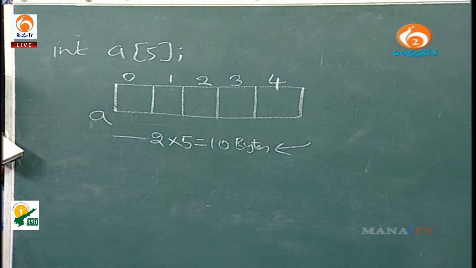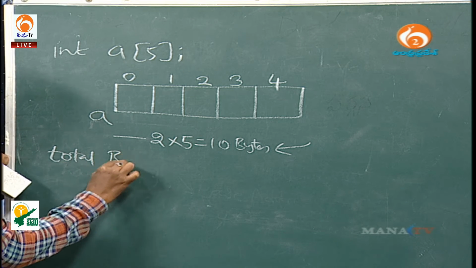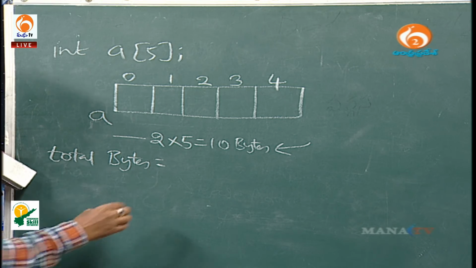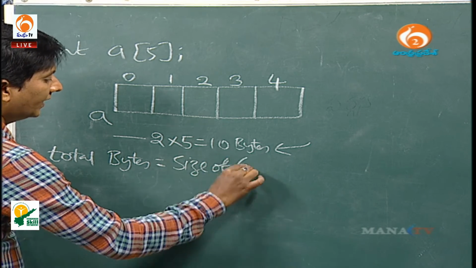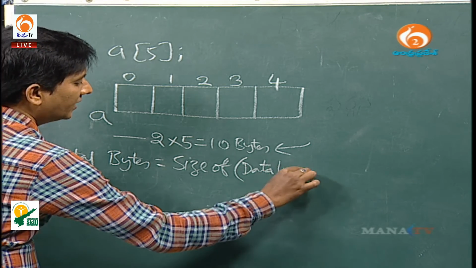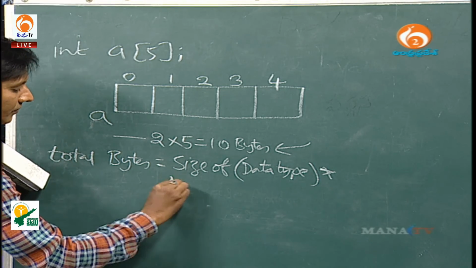That is the meaning of total bytes equal to size of data type times array size.